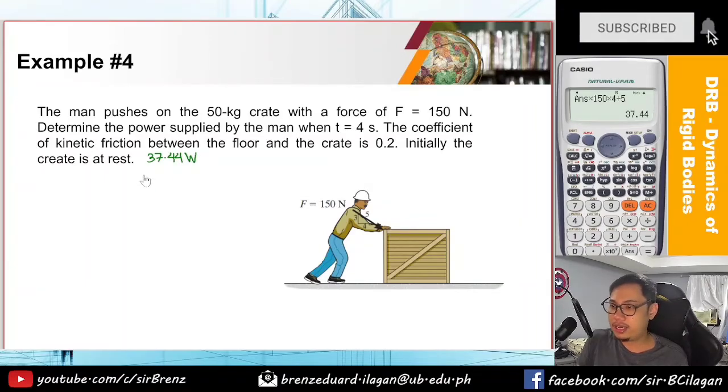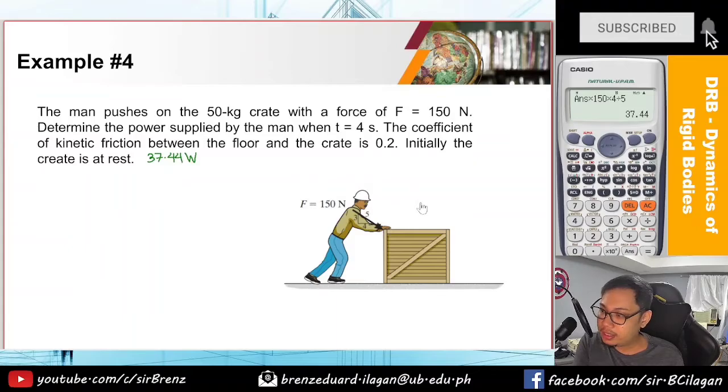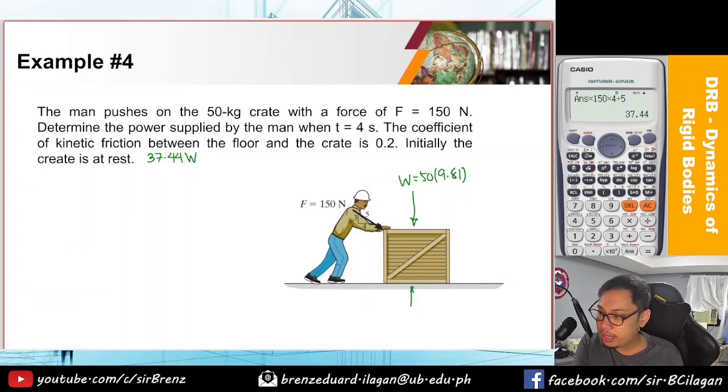Okay, so guys, pwede kasi ang mangyari, haluan natin siya ng concept nga nung previous chapter. So, ano natin nun? Sige, lagay lang ulit natin yung mga forces. So, ito, meron nga siyang weight na 50 times 9.81. And then may normal force.